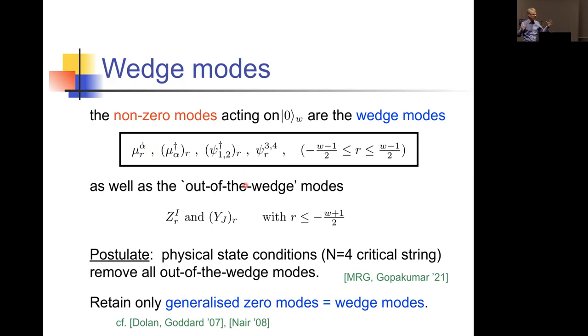So our proposal is that this yet to be precisely defined physical state condition will amount to removing all of these modes and retaining the wedge modes subject to some residual gauge conditions that I'm describing on the next slide. And I'll be totally clear with you. This is a postulate at this stage.